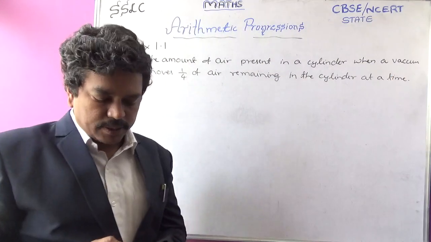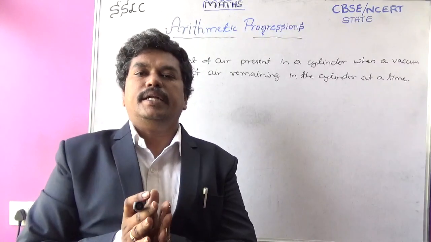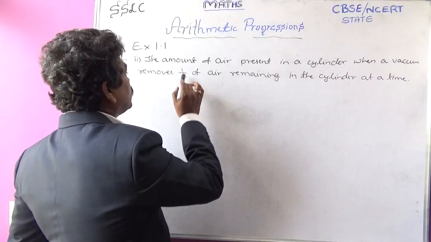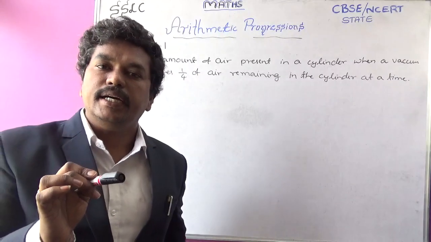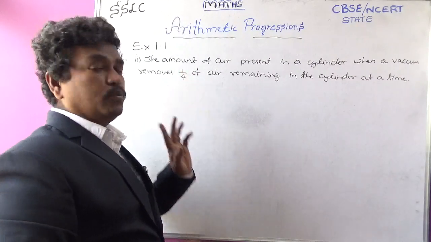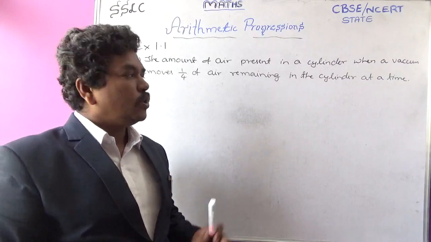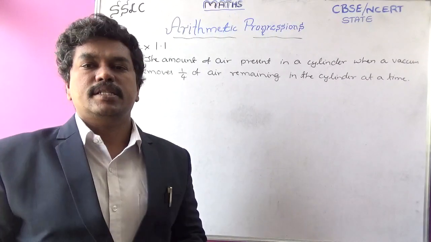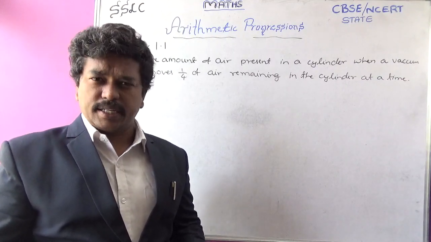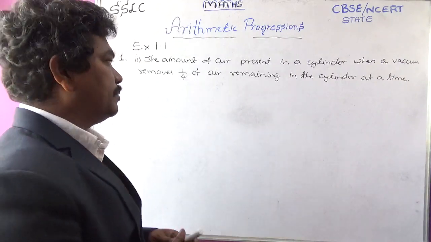So they have given that here there is some volume of air in the cylinder. We have to remove 1/4 of the air in the cylinder at a time. For each time we have to remove 1/4 of the air present inside that cylinder. So what does the cylinder consist of? The volume of the air. Here we have to consider it as V, or it may be 1, or whatever it may be.